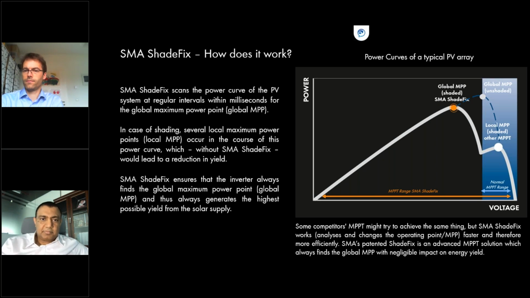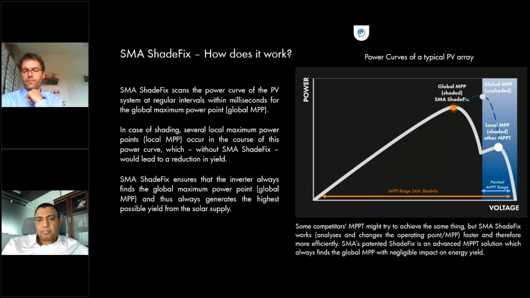The problem is now, if you're not having a good anti-shading solution integrated in your inverter, this small shading on the module itself will affect the overall PV plant that you're having, because the lowest module will always be the first in the row of the modules and will also lower the output power of the other modules accordingly.